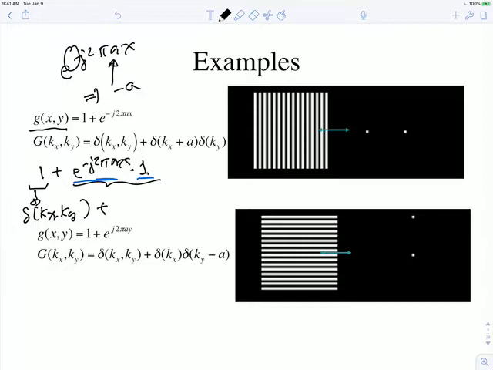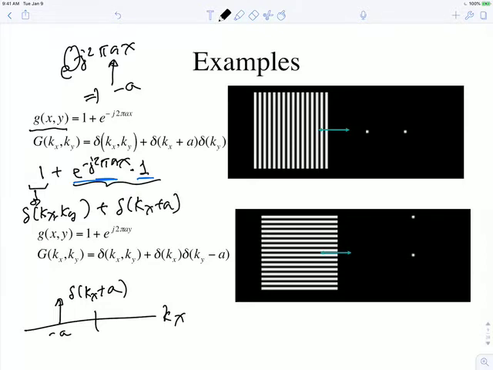Therefore I should have a Dirac delta at minus a. That's just delta of kx plus a. Sorry, it should be kx. So then I get delta kx plus a, times the Fourier transform of 1, which is just a delta function, delta ky.